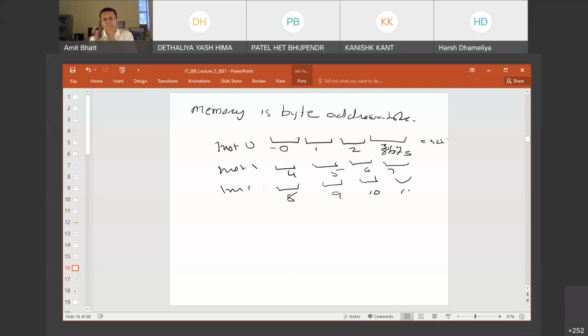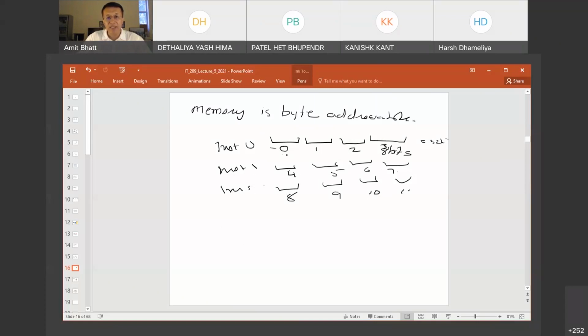So it has to bring not just 1 byte, it has to bring 4 bytes. Similarly, when I say bring me instruction number 1, it will bring not only 4, but 4, 5, 6, and 7. When I say bring me instruction number 3, it will not just bring byte number 8, but byte number 8, 9, 10, and 11.